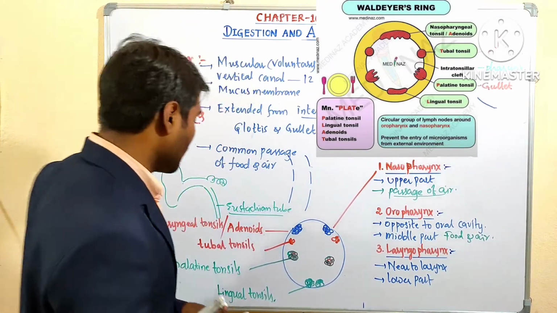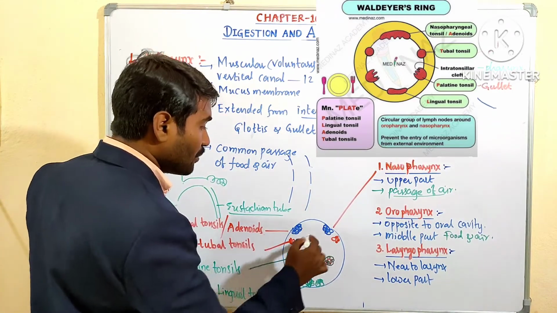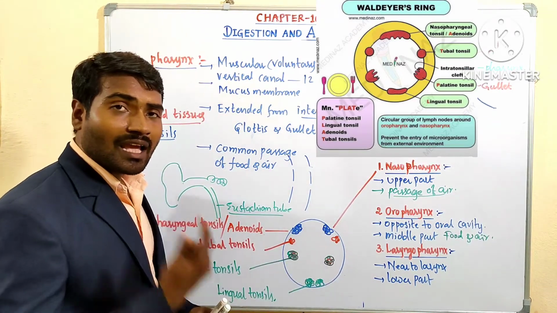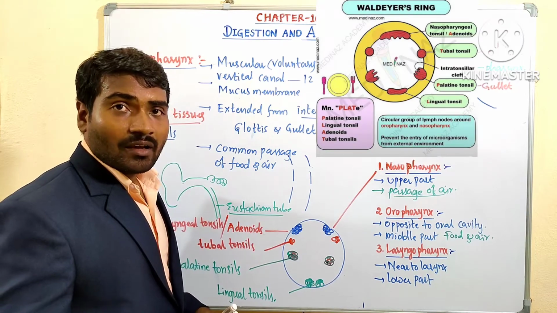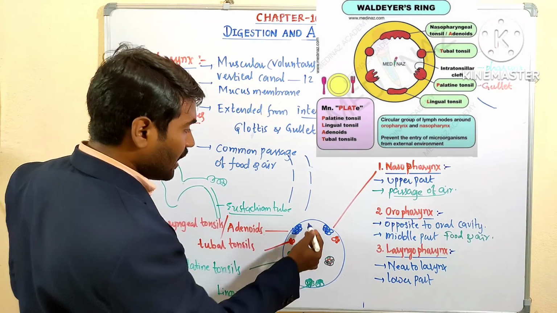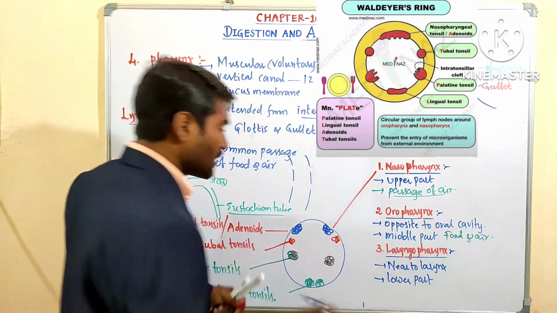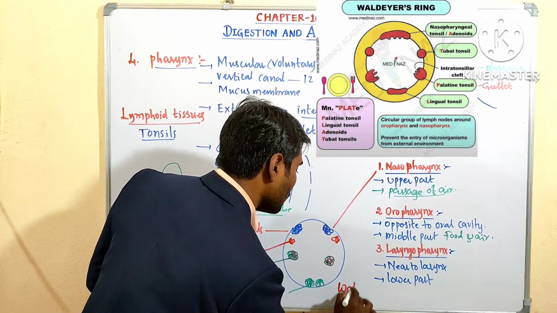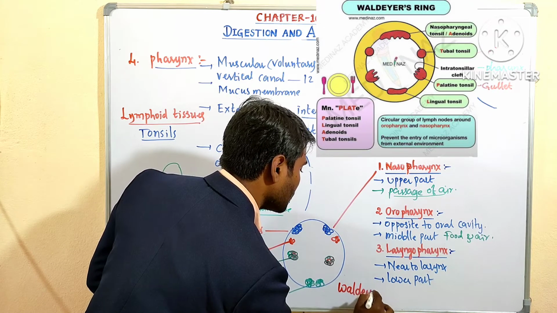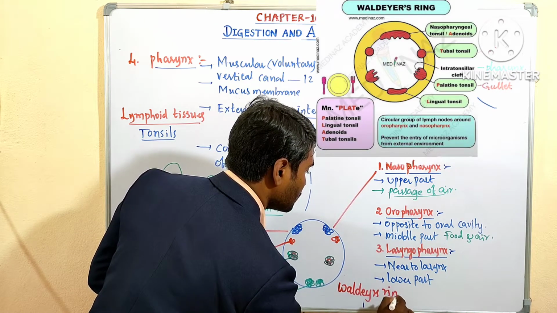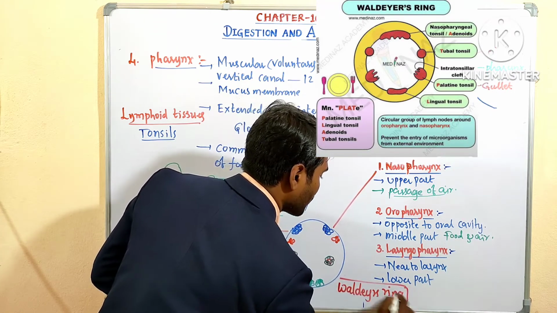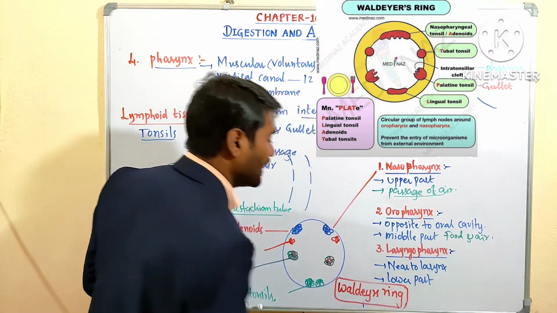Right, clear. So all the tonsils in the buccal cavity or oral cavity look like a ring. They make the shape of a ring. This ring is called Waldeyer's ring. Waldeyer is the scientist's name.